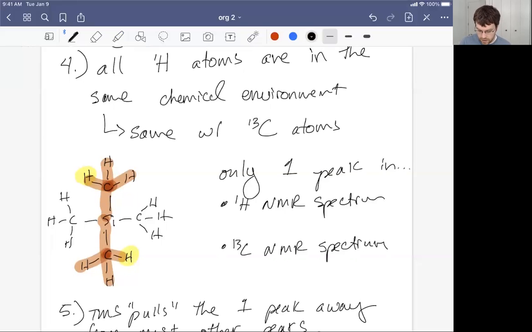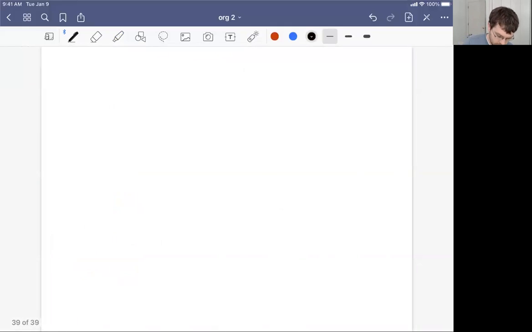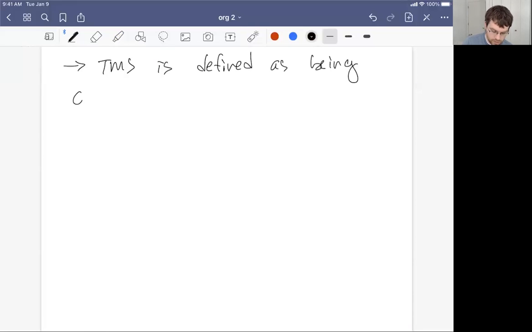Now, what we've done is we've decided to define this as, TMS is defined as being 0.00 parts per million in the NMR.